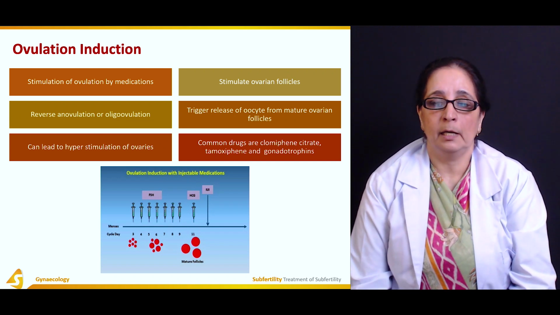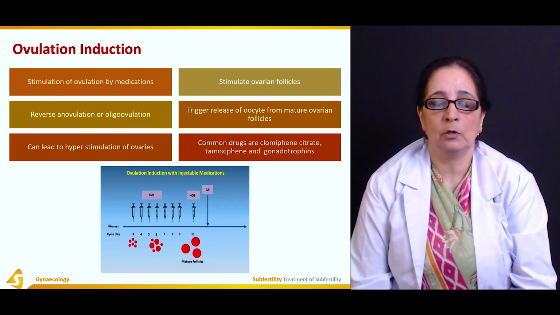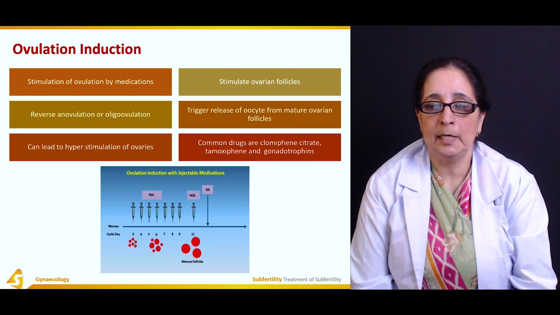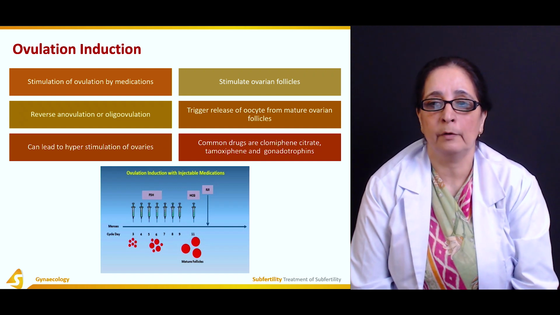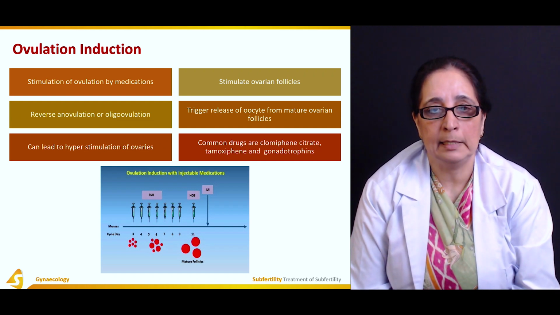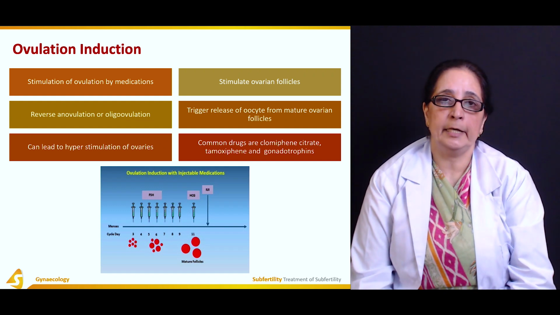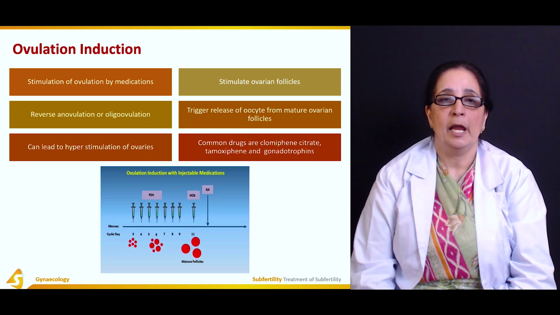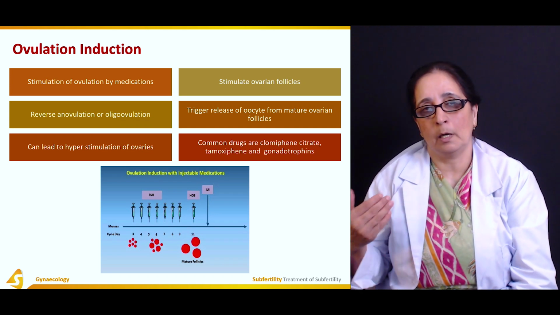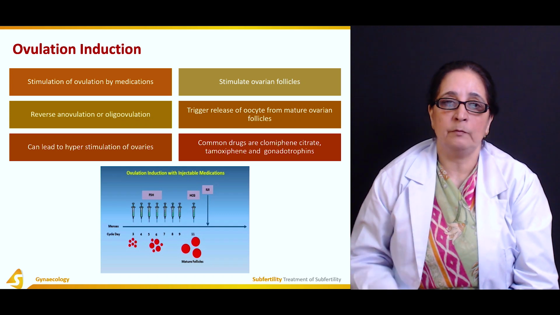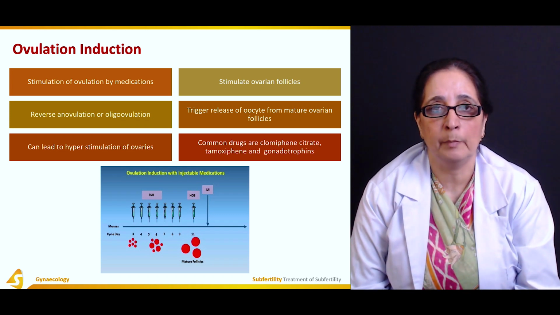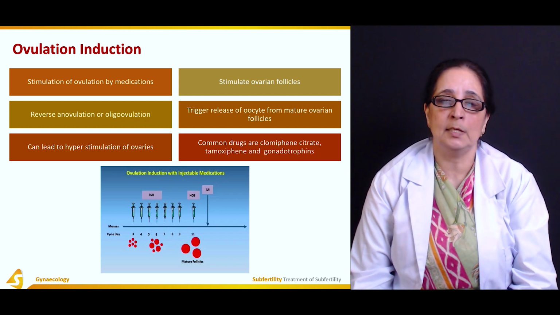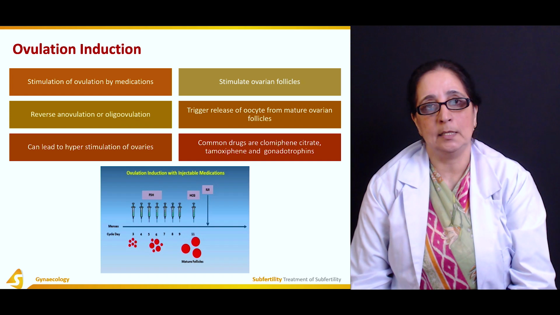These medicines which stimulate the ovaries cause release of oocytes or ova from the ovarian follicles. Sometimes these medications can lead to hyperstimulation of the ovaries and multiple ova are produced. In these cases, when ovulation induction is done by medicines like clomiphene and gonadotropins, multiple pregnancies are very common.